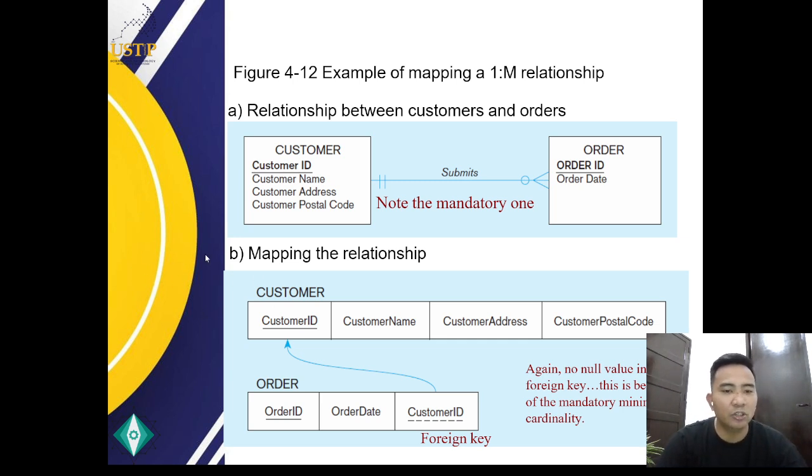So customer ID, customer name, customer address, customer postal code. So customer ID here becomes a foreign key of the order relationship. Okay? So again, no null value in the foreign key. This is because of the mandatory minimum cardinality we have here. Okay? So it cannot be empty.